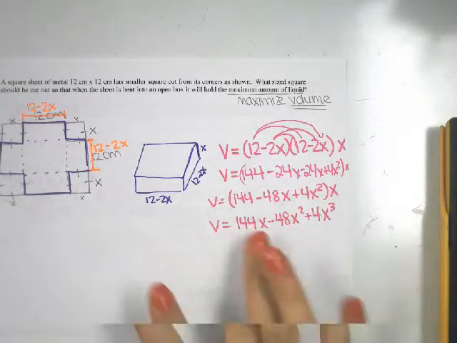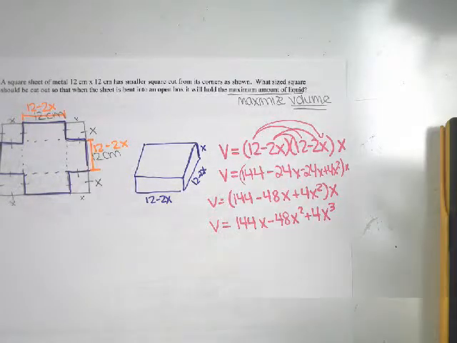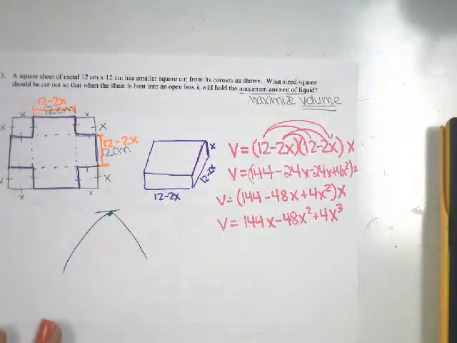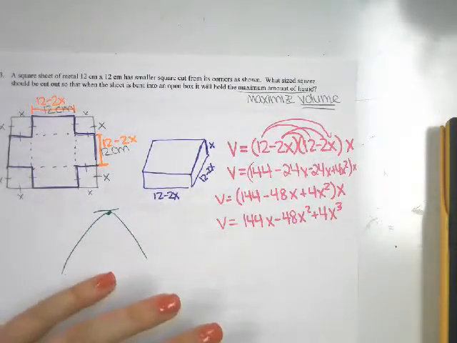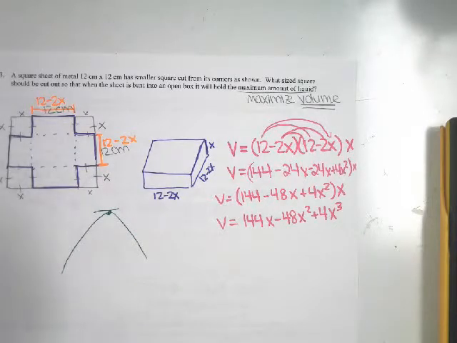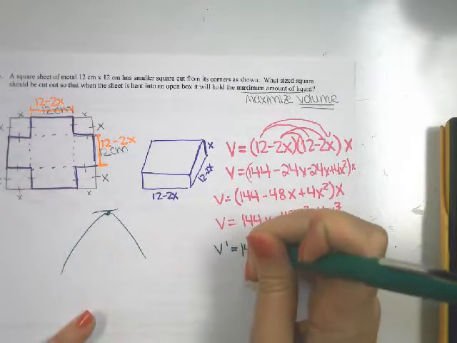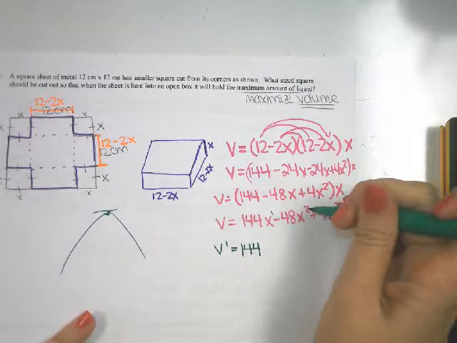For this question, this is a nice looking formula, so I'm going to show you the algebraic way as well as the graphical way. The algebraic way is we want to maximize it, so we want to find that point where it goes up and it stalls out, and there's a maximum point. To do that, we would find the derivative. So that would be 144, because that's to the first.